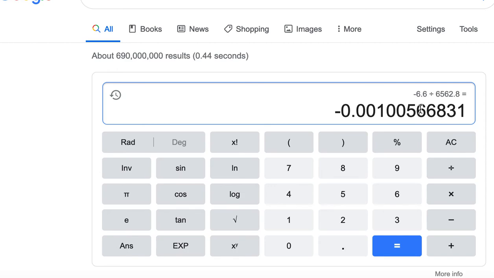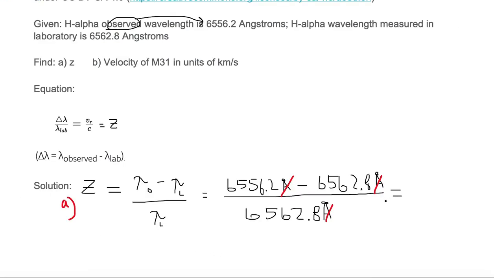The 6 is higher than a 5, so it would kick this number up to a 6, which would kick this 0 up to a 1. So it would be negative 0.00100 or 01. So let's put that in. So it's negative 0.001. We'll just keep it to that.